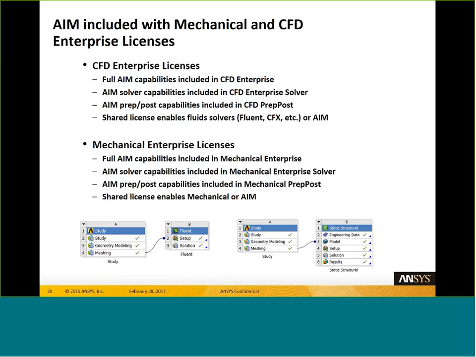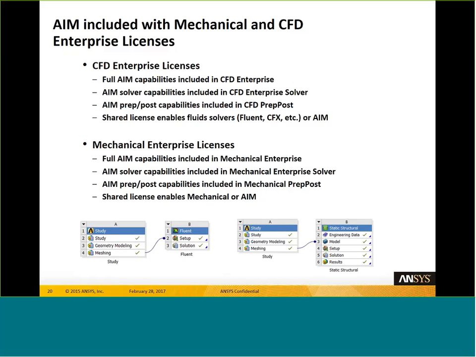Okay, and then the final slide that I want to go through before handing off to Tejas for the demo is I just want to talk about some licensing changes at 18.0. AIM, as you know, is available as a standalone product, and AIM has also been available with our multi-physics bundles. So the mechanical CFD product, the mechanical CFD Maxwell 3D, and the mechanical EMAG Maxwell 3D products.